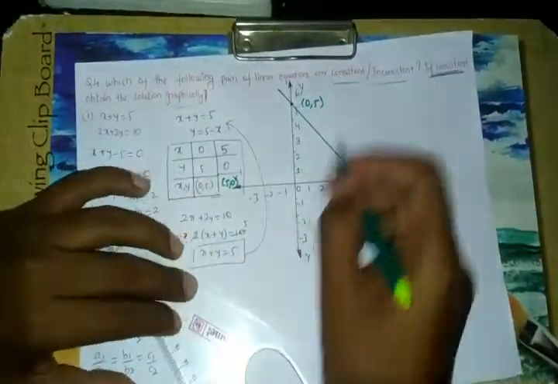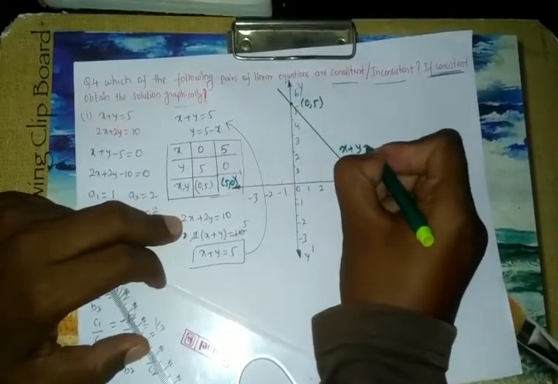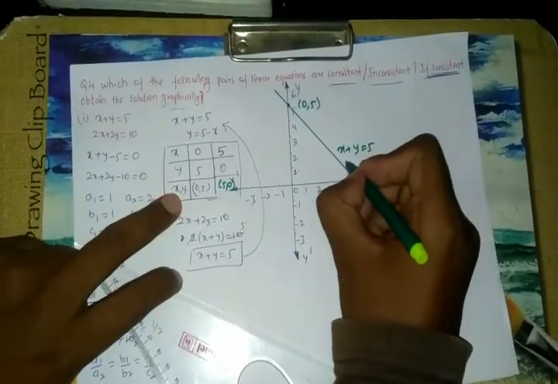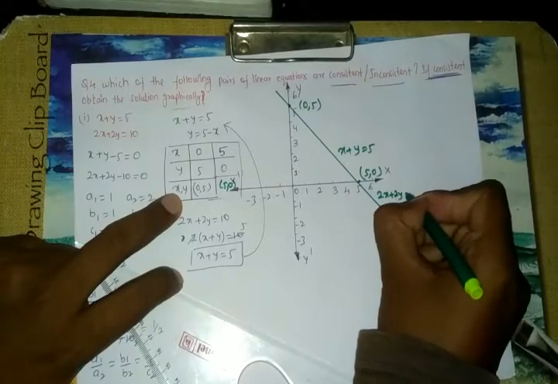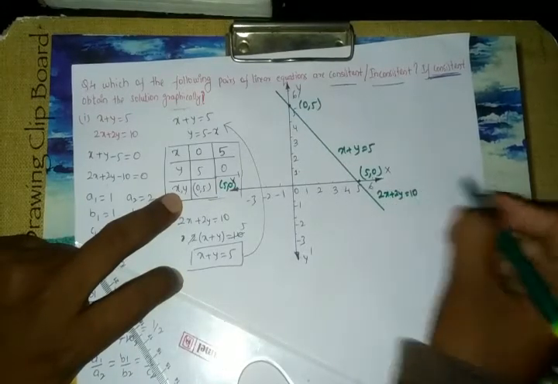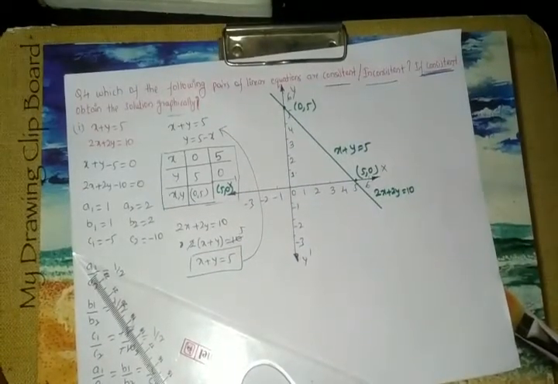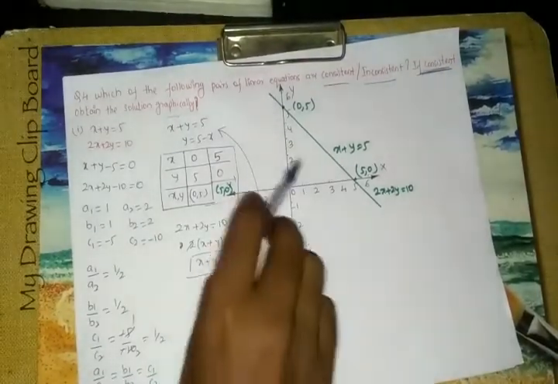This line represents the equation x plus y equals 5, and also the same 2x plus 2y equals 10. So here we get infinite solutions as the lines are coinciding.